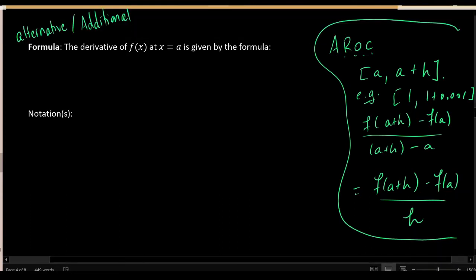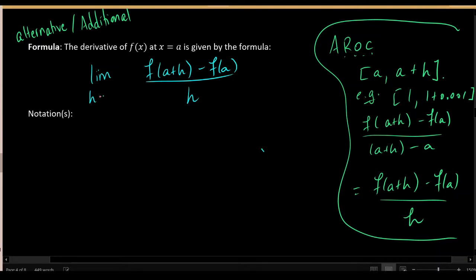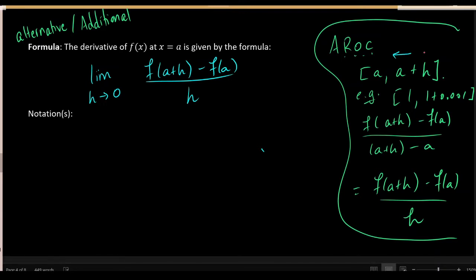So we're going to take this average rate of change formula and apply a limit, and we're going to let h get closer and closer to 0. When we let h get closer and closer to 0, a plus a little something, a plus h, gets closer and closer to a. By shrinking h, we succeed in shrinking the entire interval.